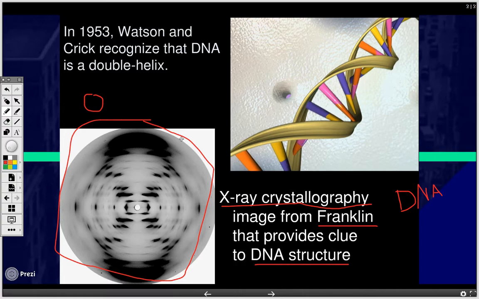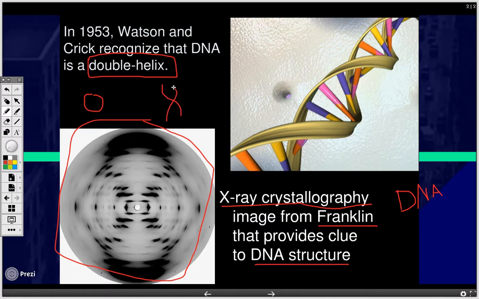Whenever she was presenting her data, these two people named Watson and Crick saw her data and recognized that it was not a circle, but something called a double helix. When they realized that it was a double helix, they knew right away that they were actually correct.